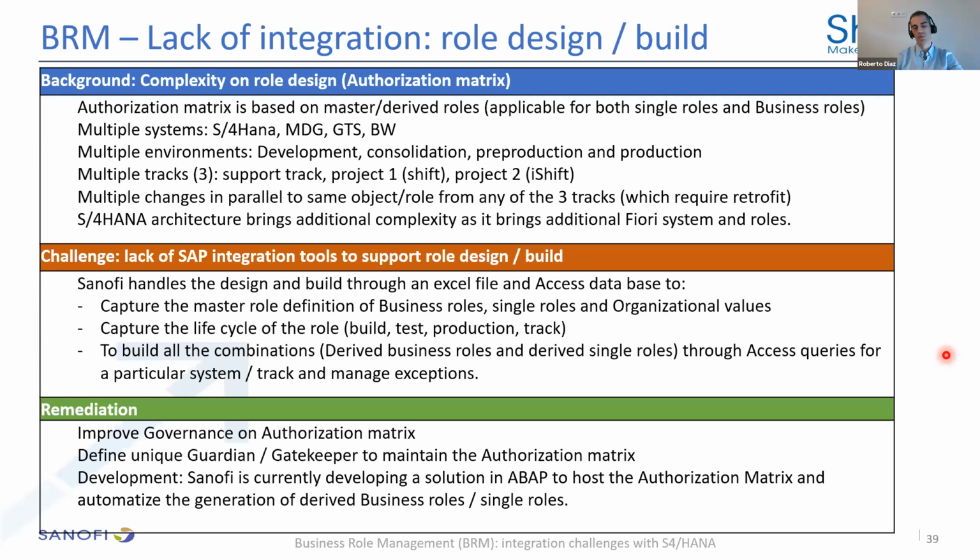For example, we should be able to know which derived business roles and single roles apply in the project track, in UAT, at a particular time, which is different from the picture we have in production or in the support track for UAT. So we should be able to manage different versions depending on the system and the project phase.